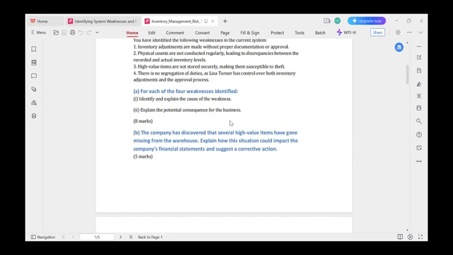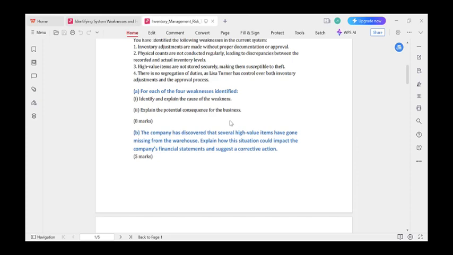High value items are not stored securely. Okay, so that's the cause. The consequence is you would have increased risk of theft or loss of valuable inventory. That would lead to financial losses and potential operational disruptions.